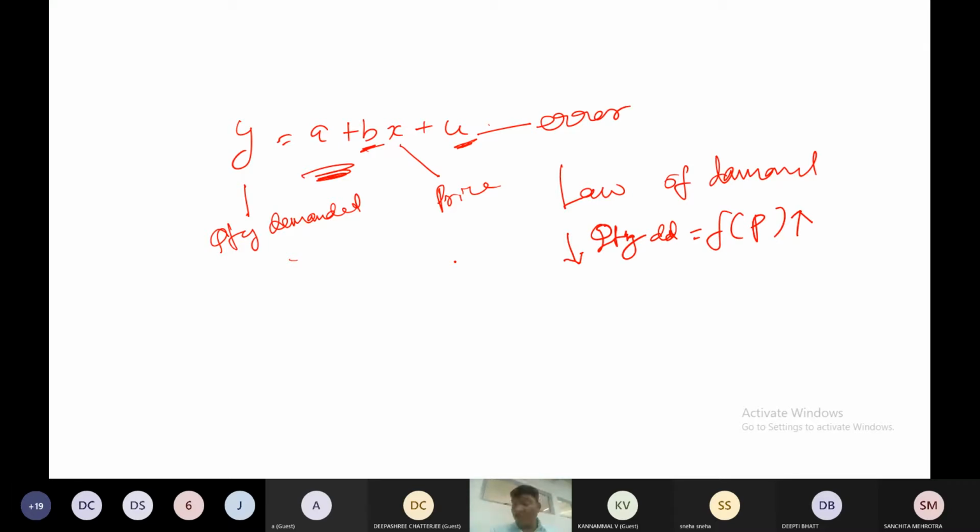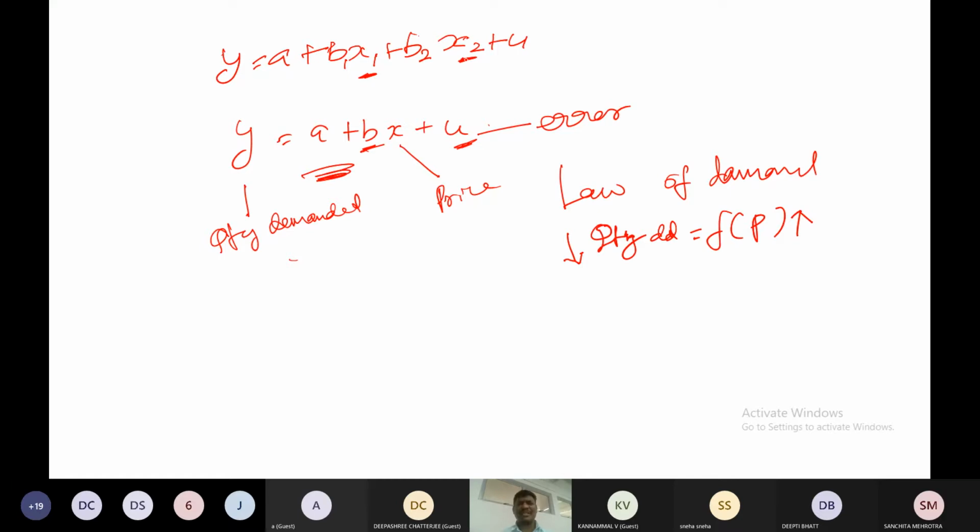Sir, I want to bring one more variable on the right hand side. That becomes a multiple regression model. For example, y equals a plus b1 x1 plus b2 x2 plus u, where x1 is price and x2 is consumer's income.